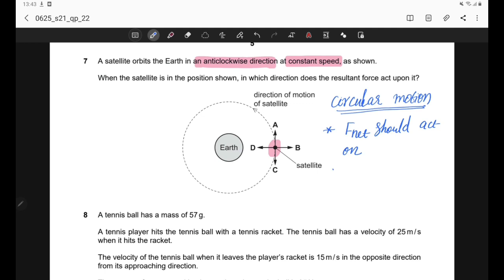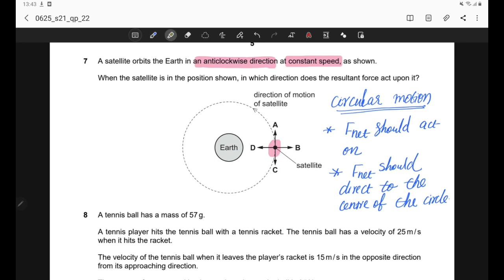And what should be the direction of this net force? This net force should always be directed to the center of the circular path, or simply the center of the circle. This is a very important condition. Any object, if it wants to move in a circular path, should satisfy these conditions. Then only can the object keep moving in a circular path.